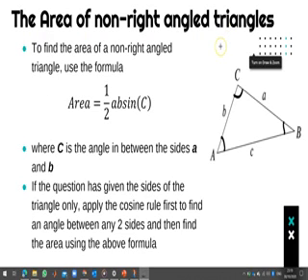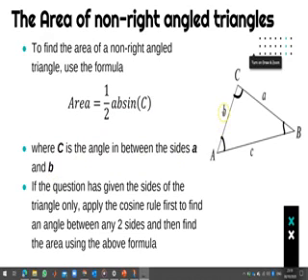Moving on, in this section we'll focus on finding the area of a non-right angle triangle. To find the area of a non-right angle triangle, we use the formula: area is equal to half ab sine C, where C is the angle between the sides a and b.